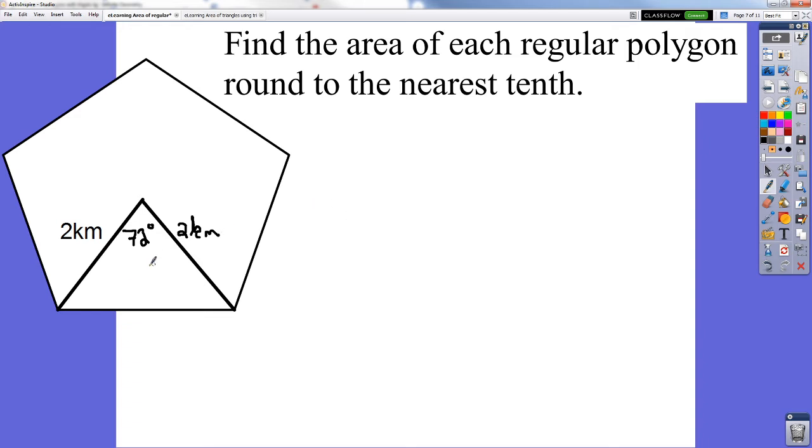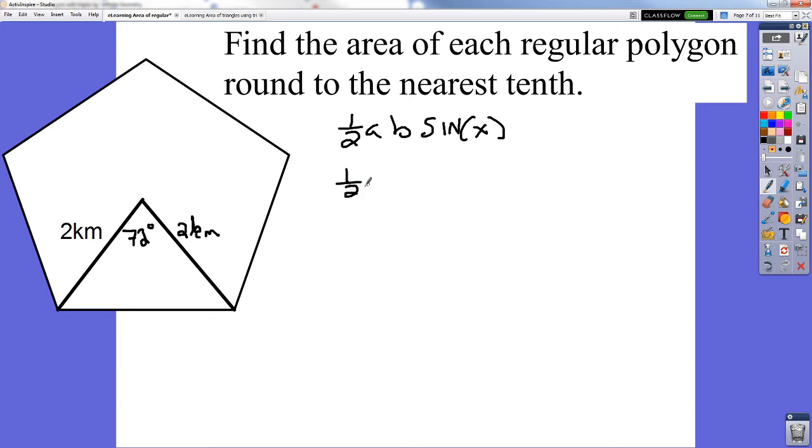And now that we have everything we need, there's 5 triangles. One triangle is going to be this right here. We're going to plug it in.